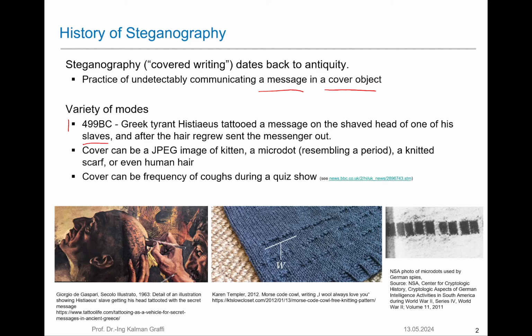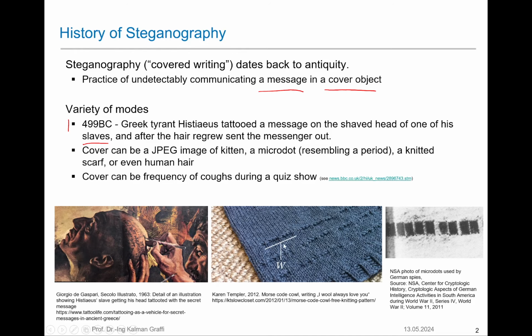The messenger himself didn't know the information. He didn't know what he had on his head, so they couldn't torture him. Basically, he was sent out and was received by the other king, and the hair was cut down again, and the message could be read.